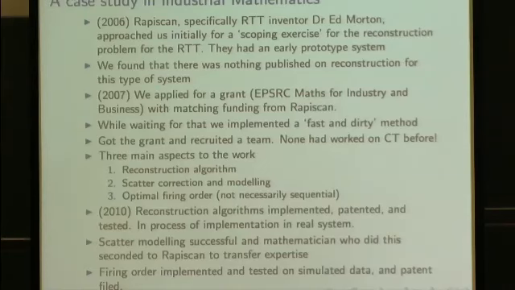A normal hospital CT would have collimators so that it would only get photons looking in the direction towards the source. So this system is potentially vulnerable to scattered photons, and we were interested to model that and maybe correct it. And then the other thing is the firing order. Sequential isn't necessary on this, so what would be the best one?